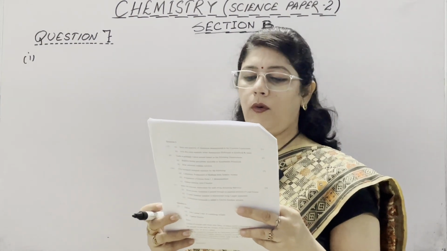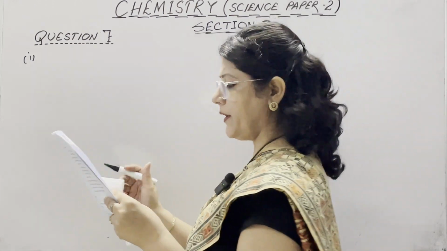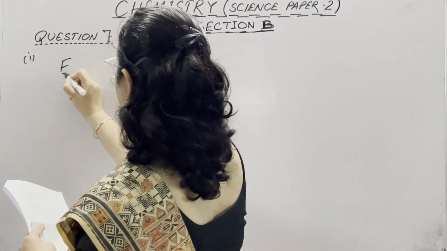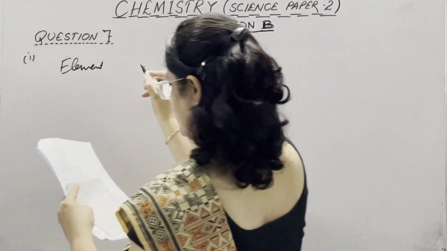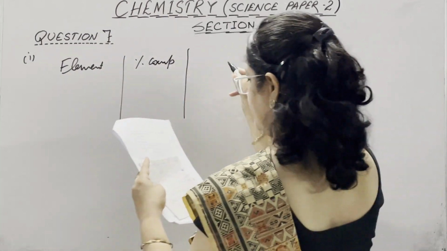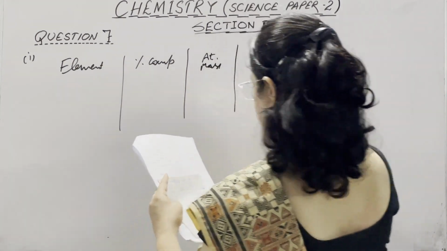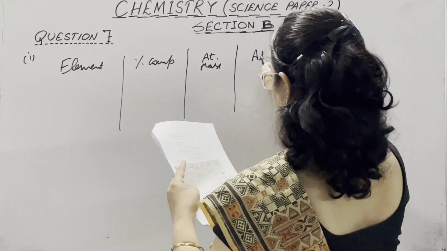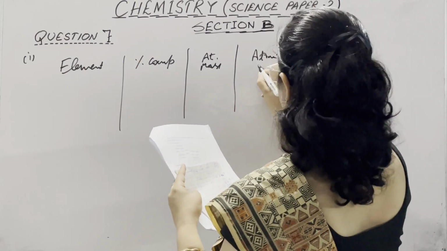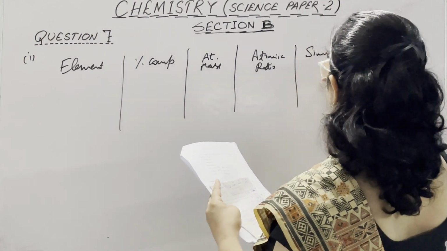Coming to question number 7, find the empirical formula and molecular formula of an organic compound from the data given below. So we need to draw the table over here. First element, then percentage composition, then atomic mass, then atomic ratio, and then simplest ratio.